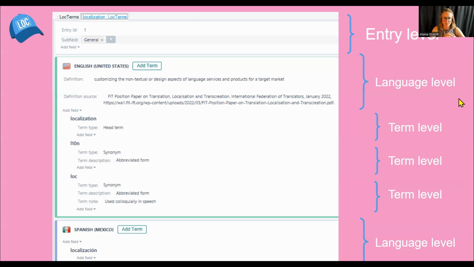However, best practices also indicate that definitions should be written and approved by SMEs. So there's recognition in the field that definition writing is not economical for many terminology projects and terminology resources, or the creation of many terminology resources. And those best practices are according to ISO 704 terminology best practices.